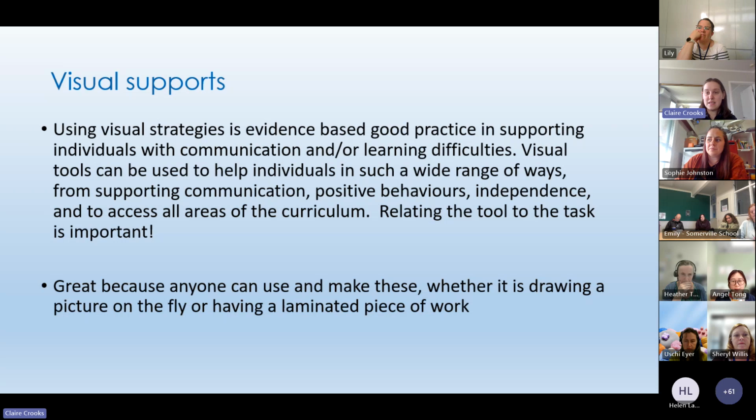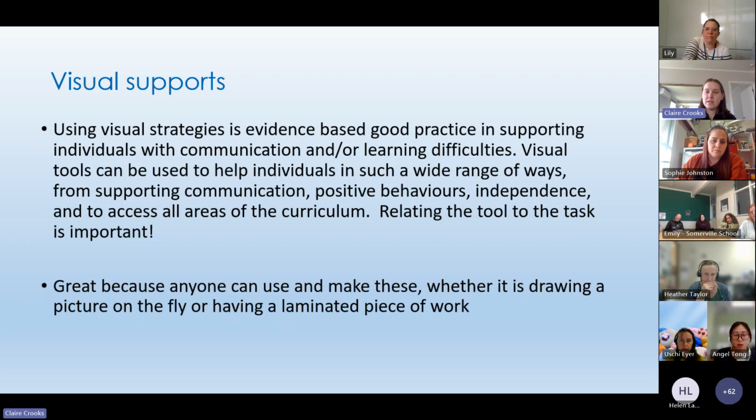There's so many different ways we can use visuals, and the important piece for this is relating the tool to the task. So Fern talked about those tasks, and it's really important that we think about what this visual is actually doing, because often when you go to mainstream schools, I guess they'll try to switch around what a visual's doing and change the activity or task or purpose of it.